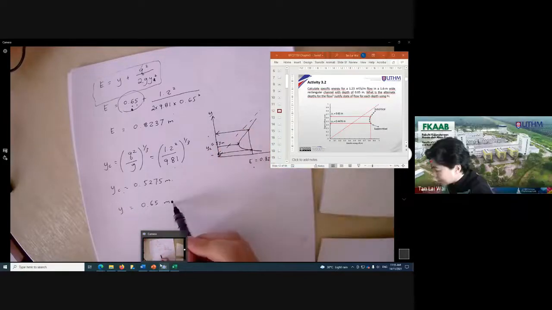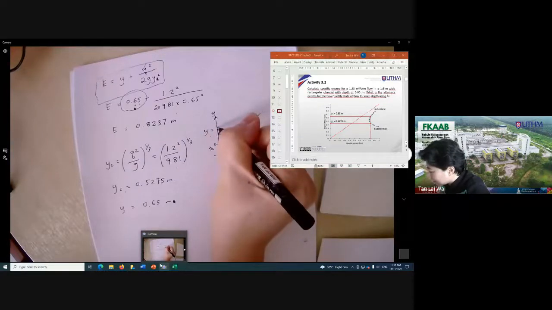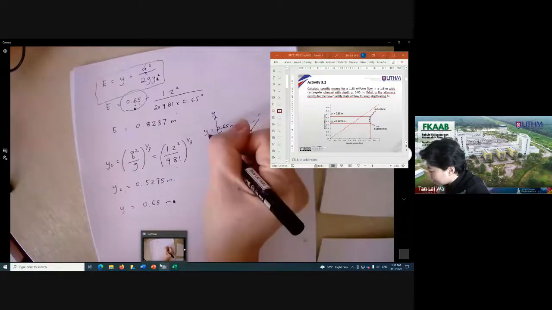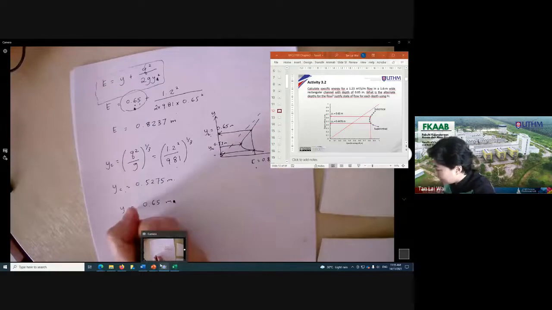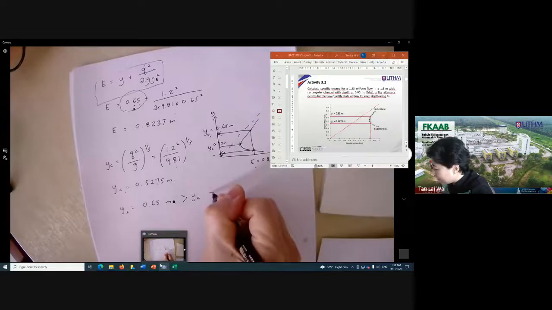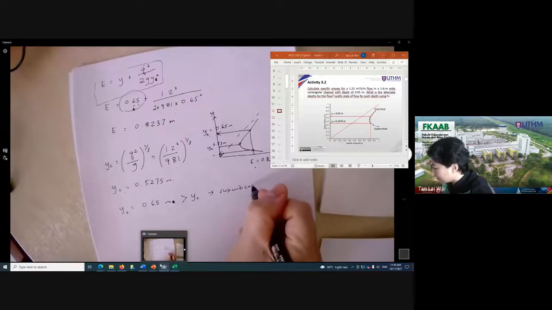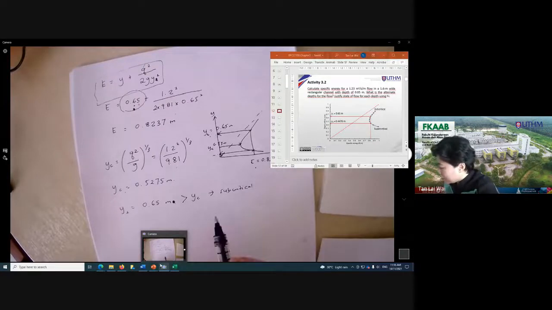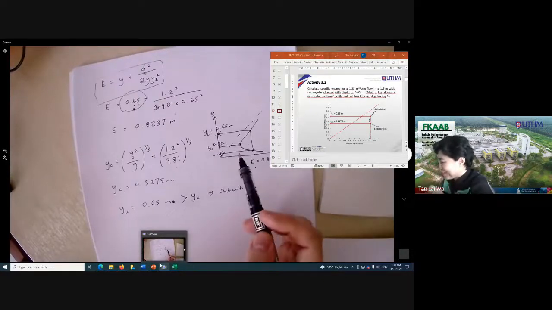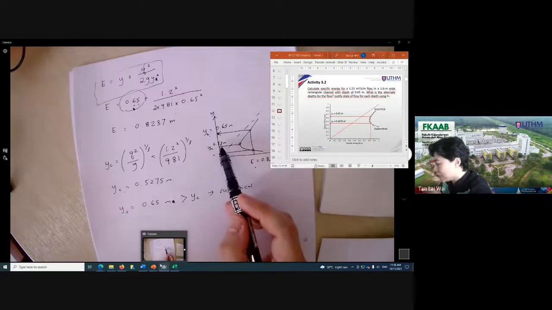Subcritical. So it's here, thank you. This is subcritical, let's put it as Y2, because it is greater than Yc, therefore it's subcritical. Therefore, you are going to expect the other alternate depth to be supercritical, which should be smaller than 0.53.